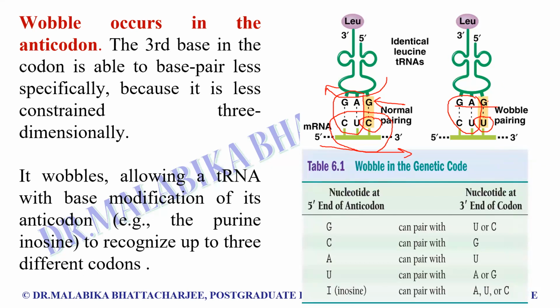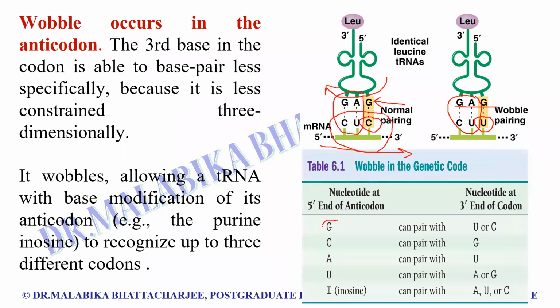The pairing is not that strong. There's a wobbling, allowing the tRNA to recognize the U, and there's a wobble pairing occurring here. And even though G pairs very less specifically with U, we see that leucine is incorporated into the polypeptide chain. So you can see, I have given you the wobble in the genetic code.